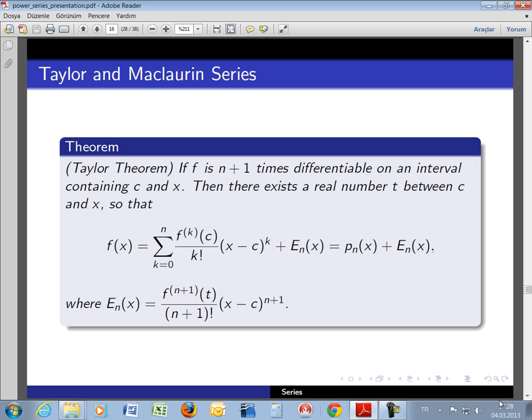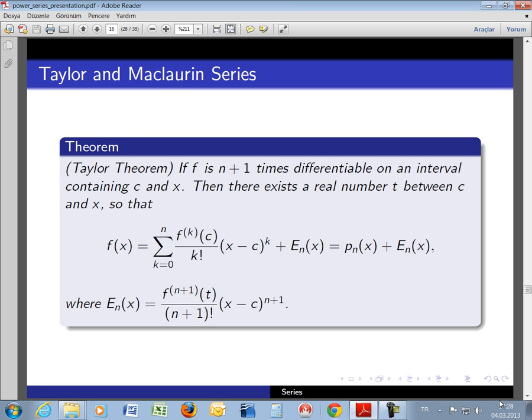Now if you take the limit as n goes to infinity, both sides of the equation f of x equals Pn of x plus En of x.